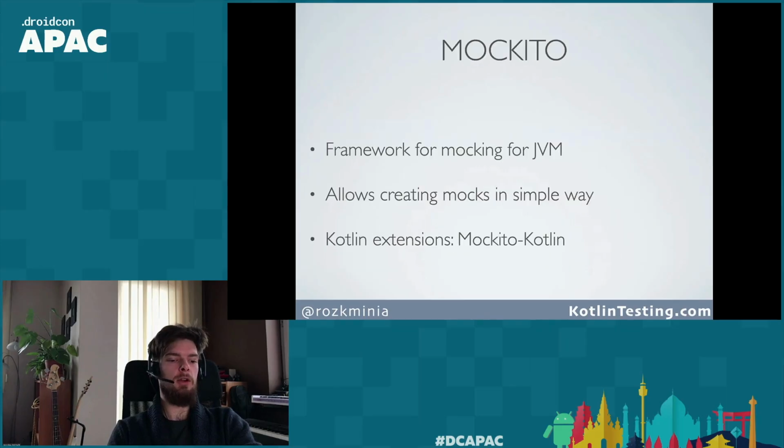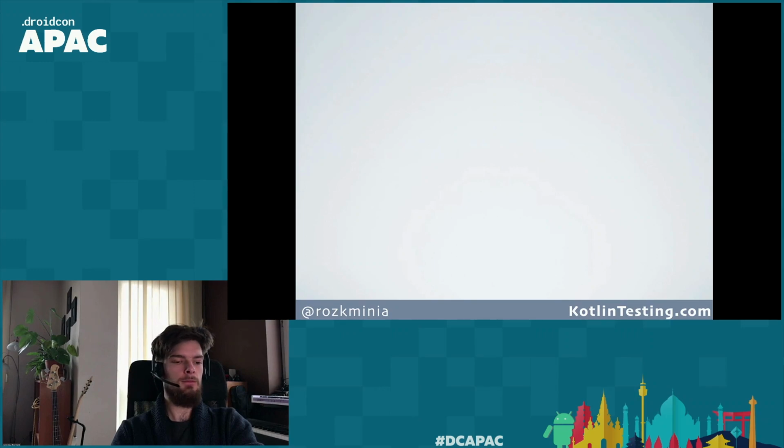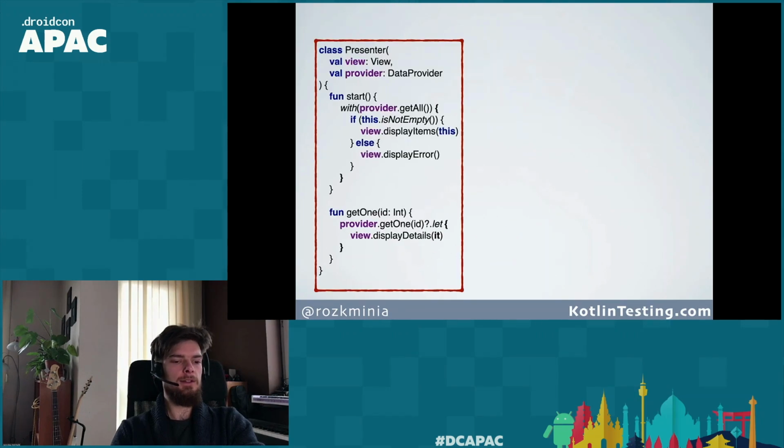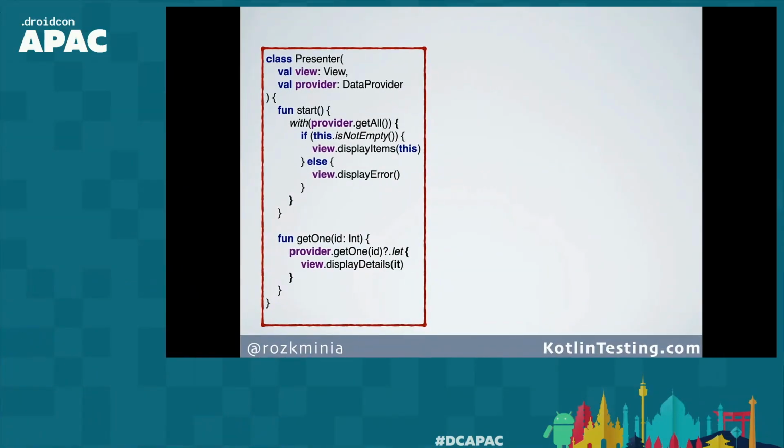One of the most popular mocking frameworks for JVM is Mockito. It allows creating mocks in a simple way, even in one line. And I will present usage of Mockito with Mockito Kotlin extensions. So let's consider another screen with view model presenter architecture.